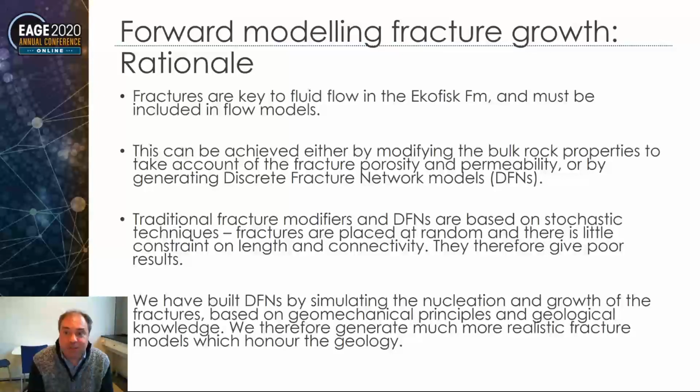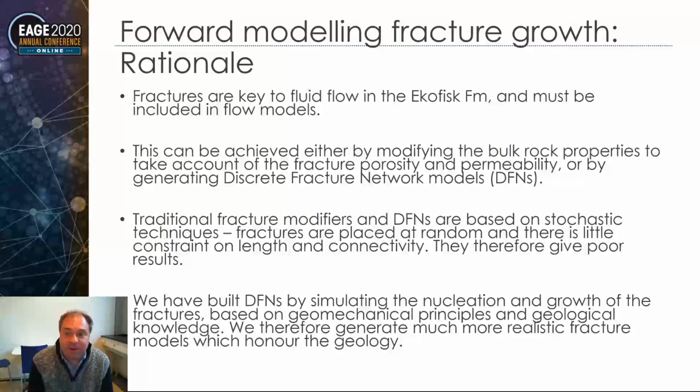Traditionally, this has been achieved either by modifying bulk properties to take account of the fracture porosity and permeability, the transmissibility multiplier approach, or by generating stochastically based discrete fracture network models. Now, these stochastically built models are created by essentially placing fractures at random locations in order to try and match the orientation and density of fractures observed in the wells.